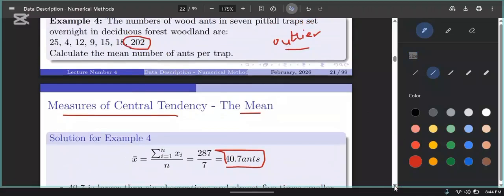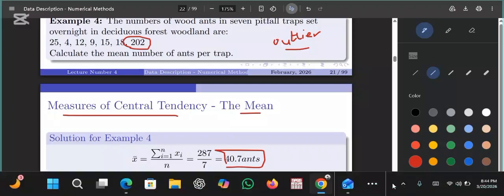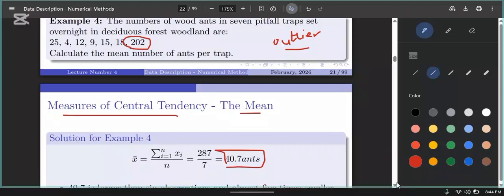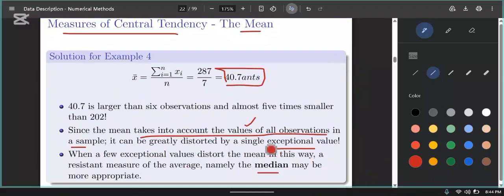So always remember, under measures of central tendency, you have the mean, the median, and the mode. The mean is good because it represents all observations, that is if there are no outliers in the data set. But whenever there is an outlier, the median becomes more appropriate.